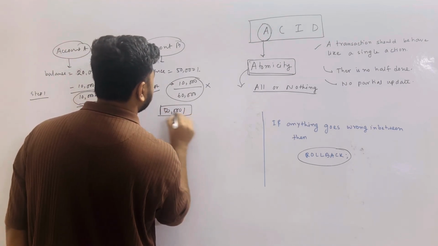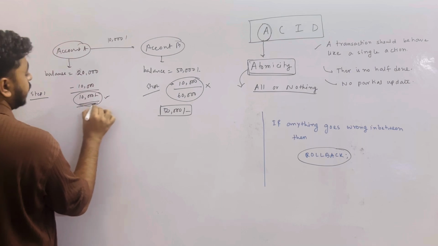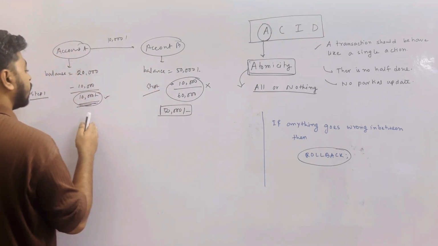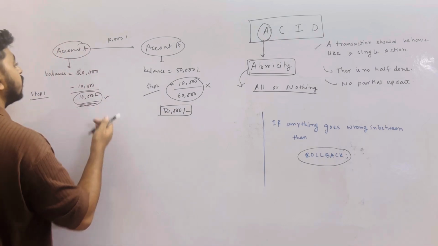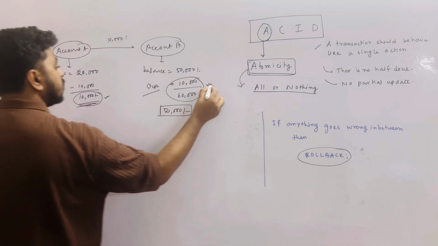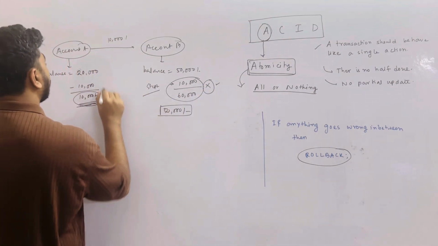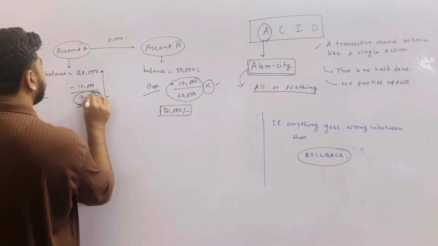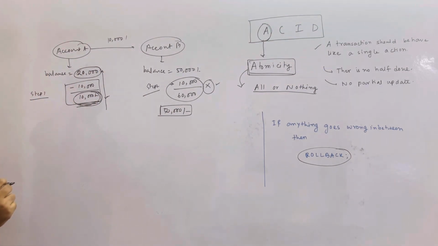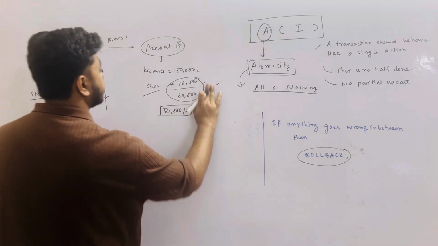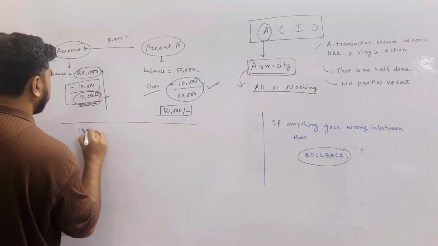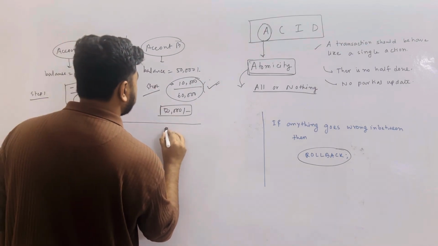Then the transaction will not be a success, because the 10,000 got deducted from account A but not credited in account B, and 10,000 would be lost from account A. So if there is any issue in step 2, SQL will roll it back, and account A will become 20,000 again. But if these two succeed, only then the value will be written in the hard disk: account A will be 10,000 and account B will be 60,000.